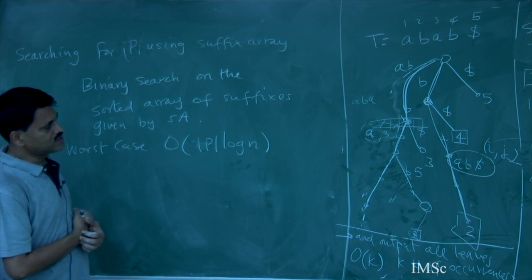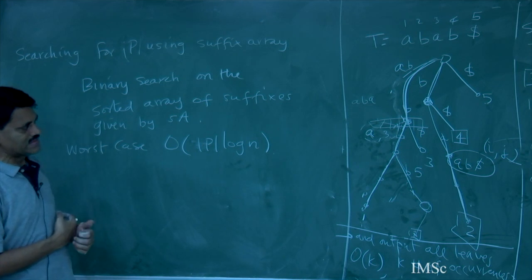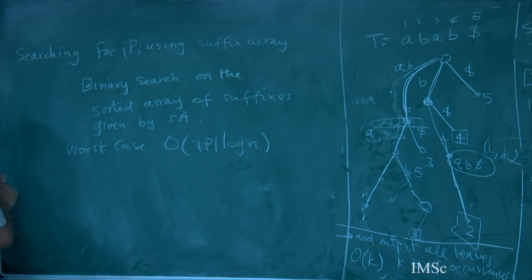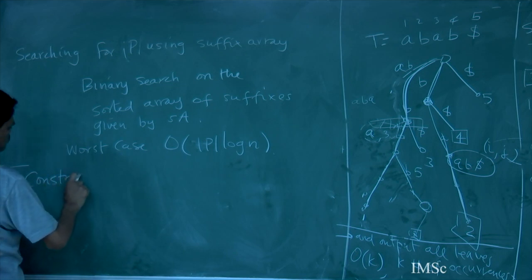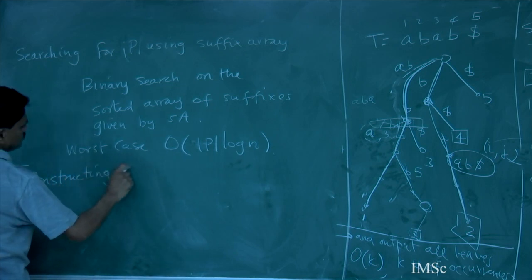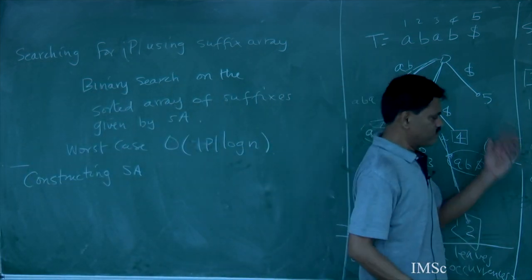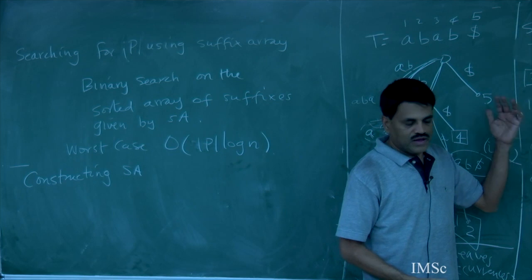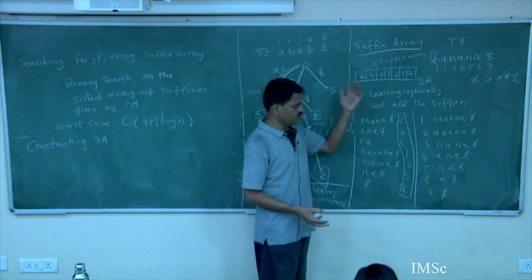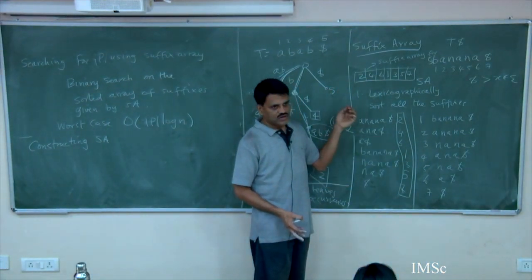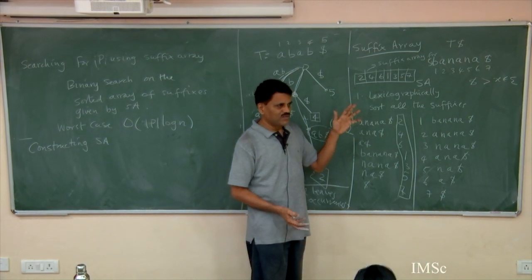How do I construct the suffix array? Okay. Again, naively, if I just want to do the way I did, write down all the suffixes, you sort. So, that is like an n log n time, but what is the time?